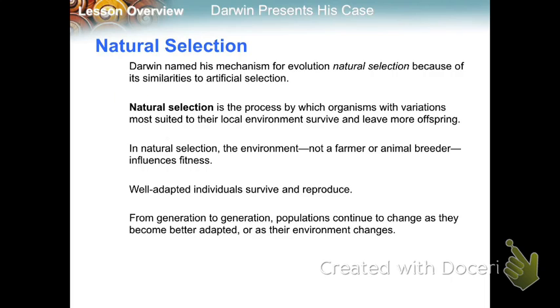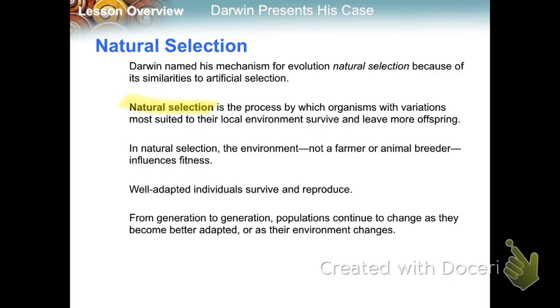Natural selection is what Darwin termed this mechanism because he was comparing it to artificial selection that we talked about in 16.2, where I talked about my tomatoes and how I select for the ones hopefully that are going to ripen earliest in the summer.